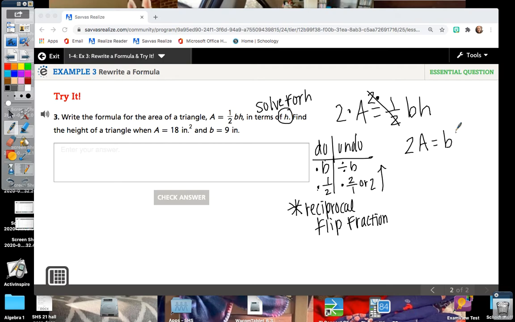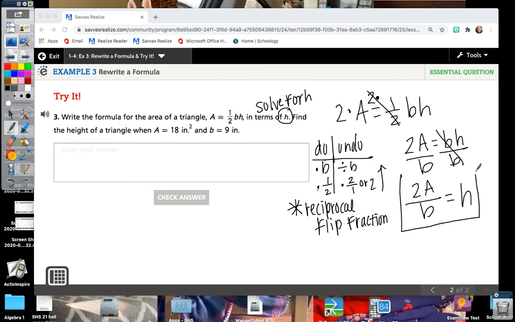And then we got 2A equals bh. And then instead of multiplying b, we're going to divide b. And as I've said a couple times, we can't simplify letters, so we just bring it straight down. And if you want to put h in front, you can. So that's our formula.